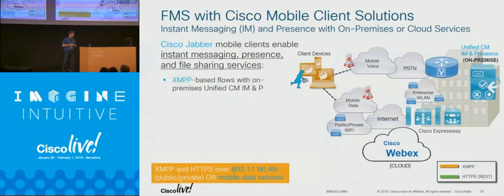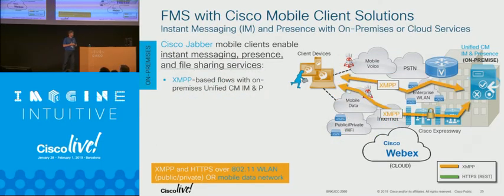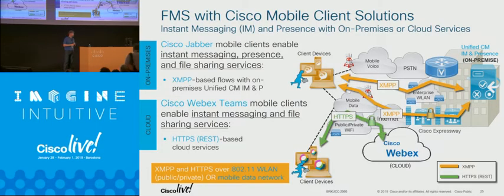Next thing we want to talk about at a high level is instant messaging and presence. Again, Jabber can leverage on-prem instant messaging, presence, and file sharing capabilities using the IM and Presence server, using the XMPP protocol. WebEx Teams can also do instant messaging and activity presence capabilities along with sharing using the cloud.